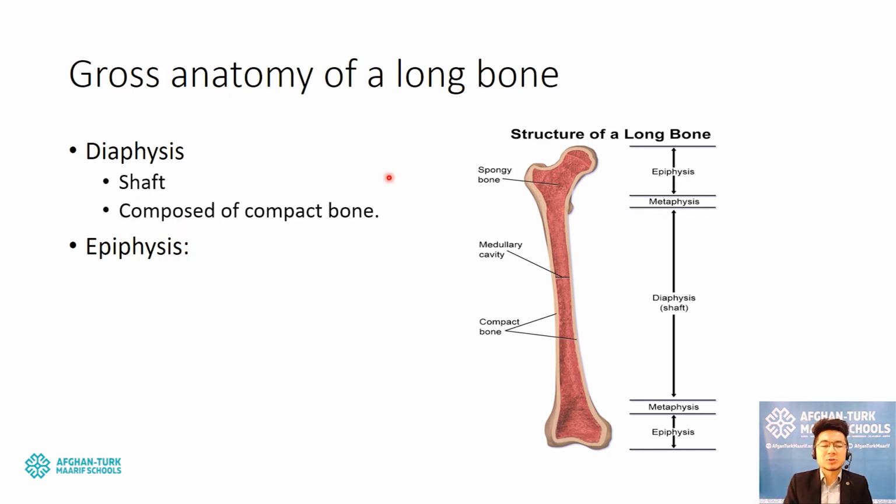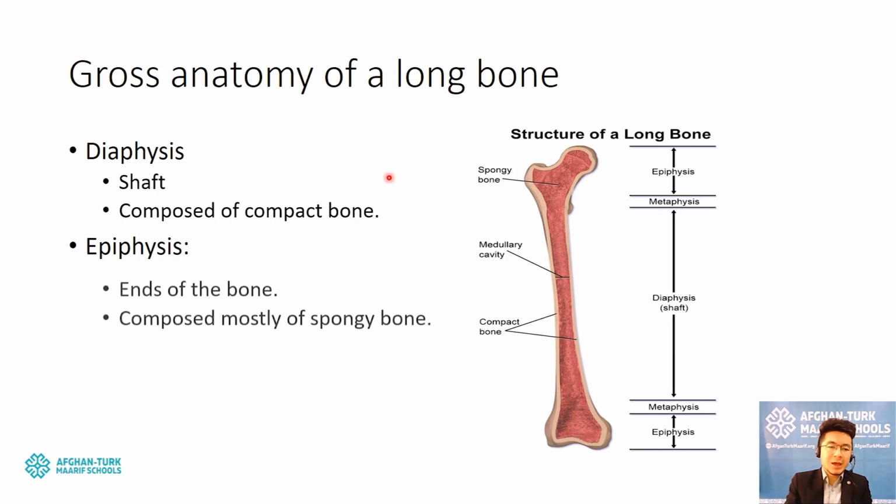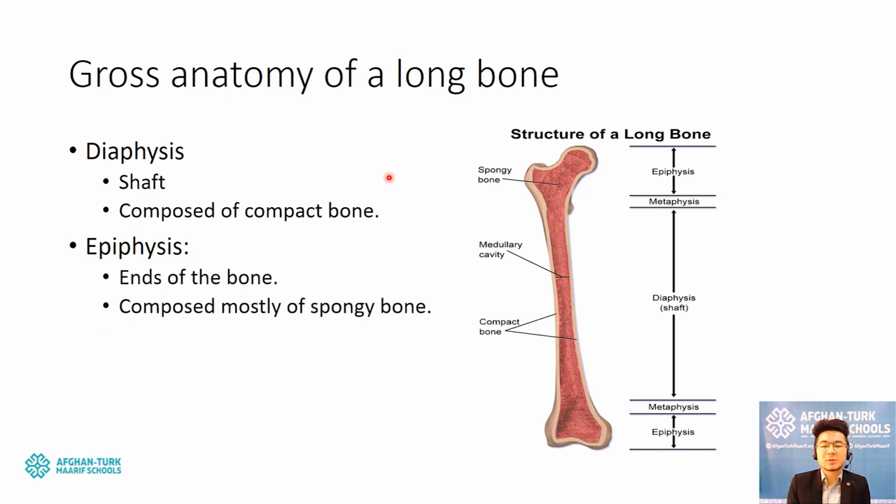This space is also called the shaft, which is made of compact bone because it needs strength. And the endings are made of spongy bone, because they don't need to be so strong, and they make the joints.